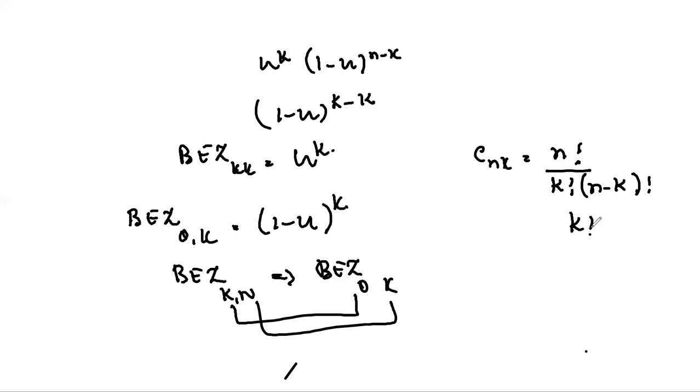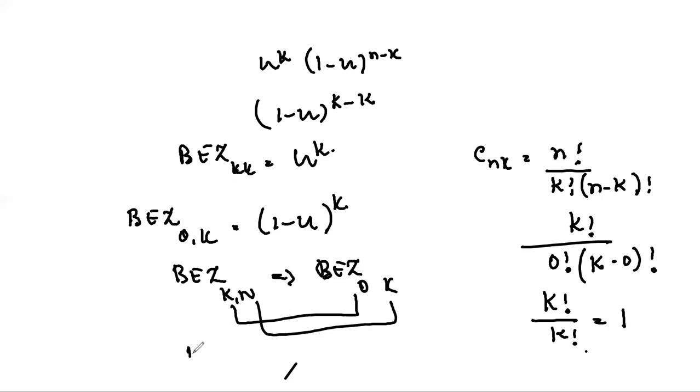So it becomes k factorial divided by 0 factorial into (k minus 0) factorial. So 0 factorial is equal to 1, so this becomes k factorial divided by k factorial, which is equal to 1. Similarly, this becomes u to the power k. If the k value is 0 for us, then u to the power 0 becomes 1.